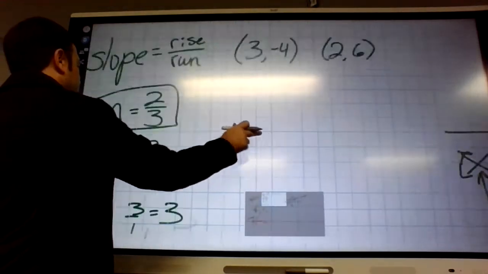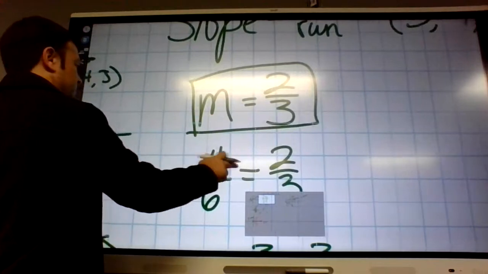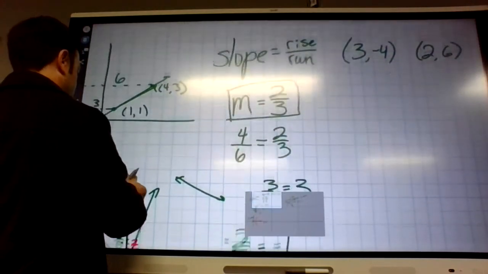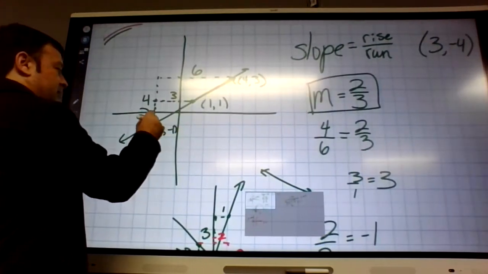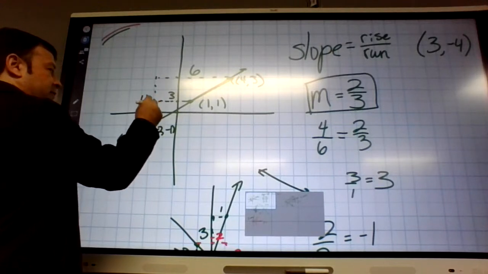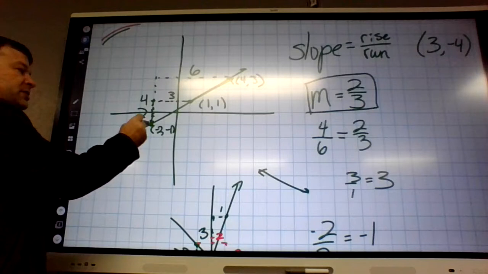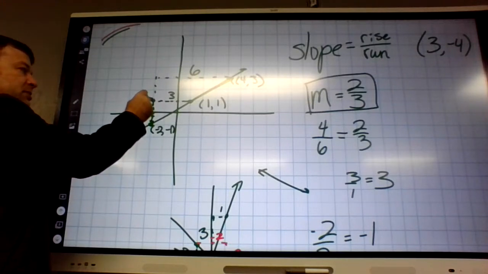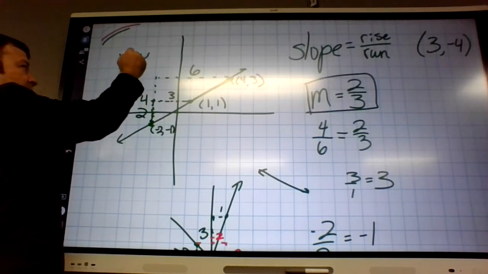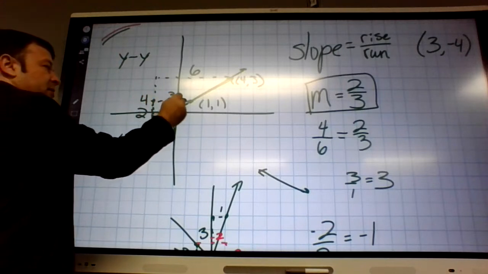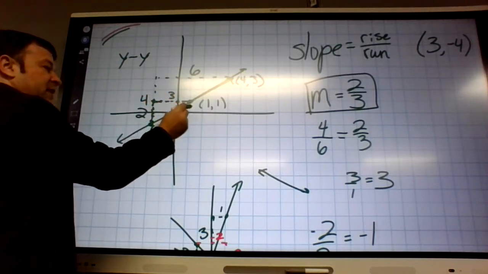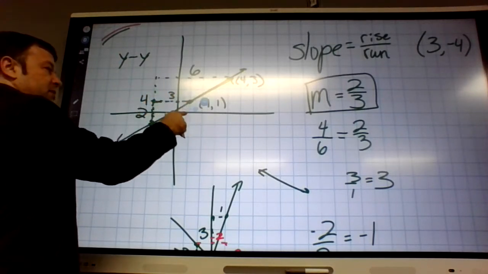When we graph it, where does this 2 come from? The 2 is basically the change in the y values, right? It's going from -1 to 1. So it's y2 minus y1. And the run is the change in the x values from -2 to 1.